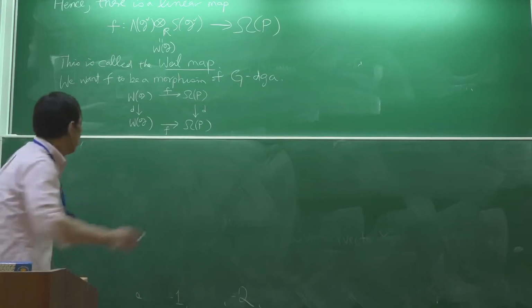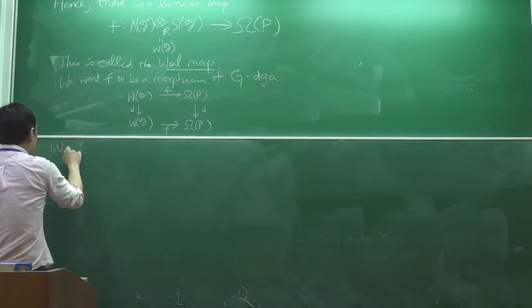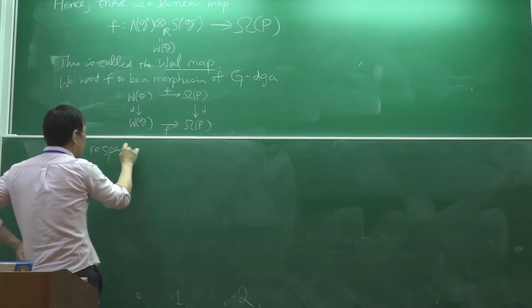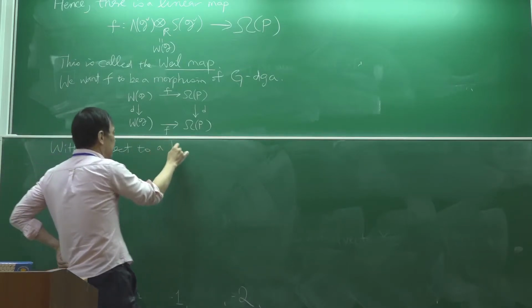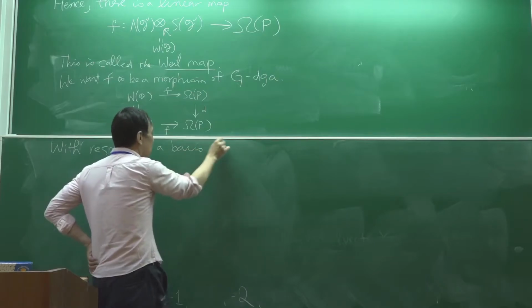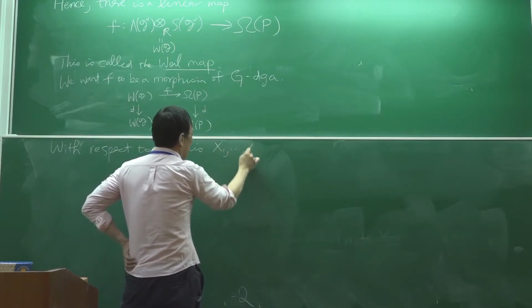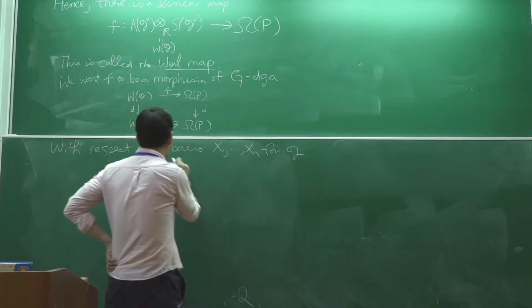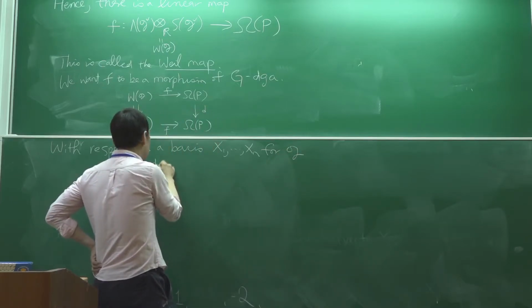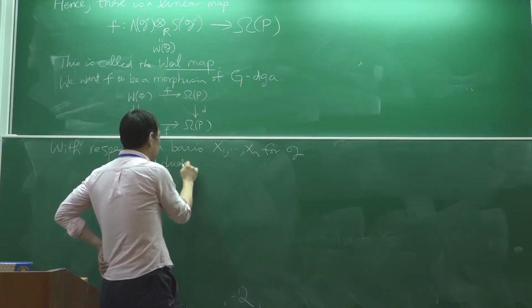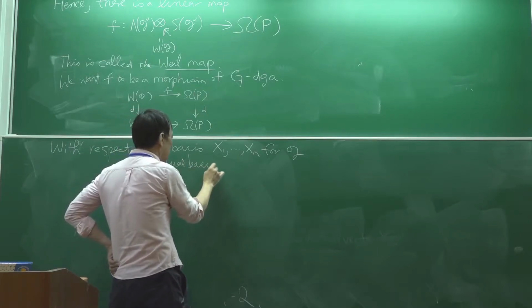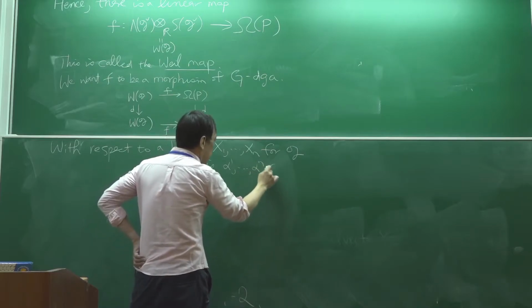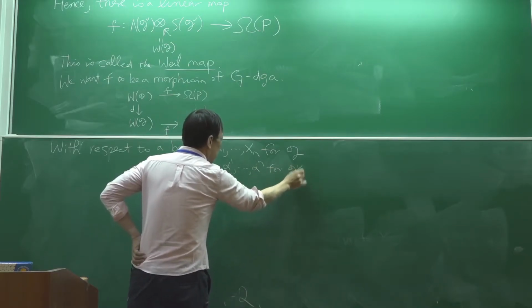So with respect to a basis x1 to xn for g and dual basis alpha 1 to alpha n for g dual.